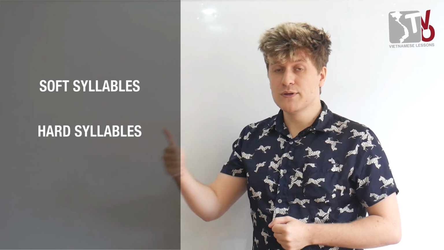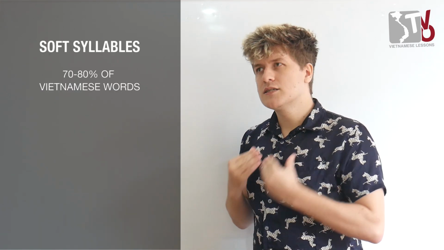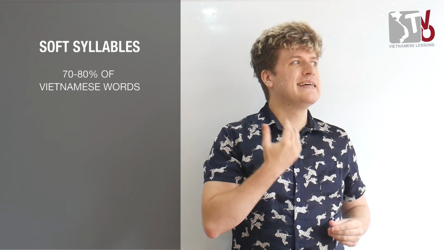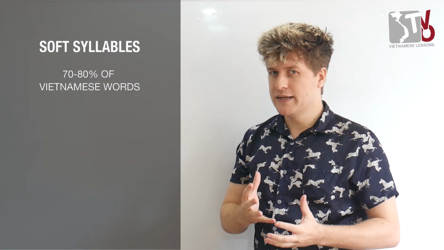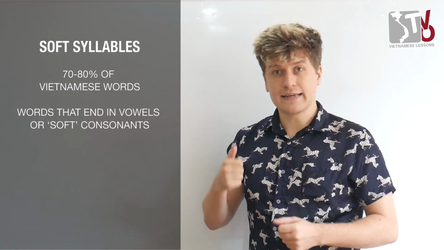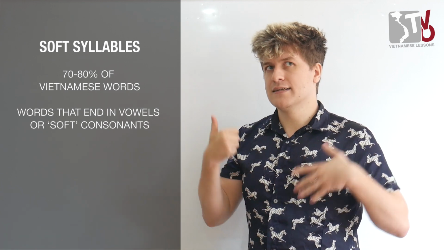So, you might have already noticed that there's 2 different kinds of syllables in Vietnamese, but I'm going to talk about those a little bit. So you've got what I would call hard syllables and soft syllables. Soft syllables make up maybe 70 to 80% of the words in Vietnamese, and that's any word that ends in a vowel or ends in a soft consonant.